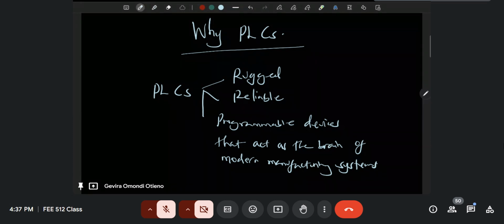And they are very important because they will control the machinery and processes. They will handle the complex logic operations. They will operate in very harsh conditions and environments, whether it's dust, heat, vibrations, whether it's underwater, whether it's in space, all that. And they will also be able to communicate with other systems.